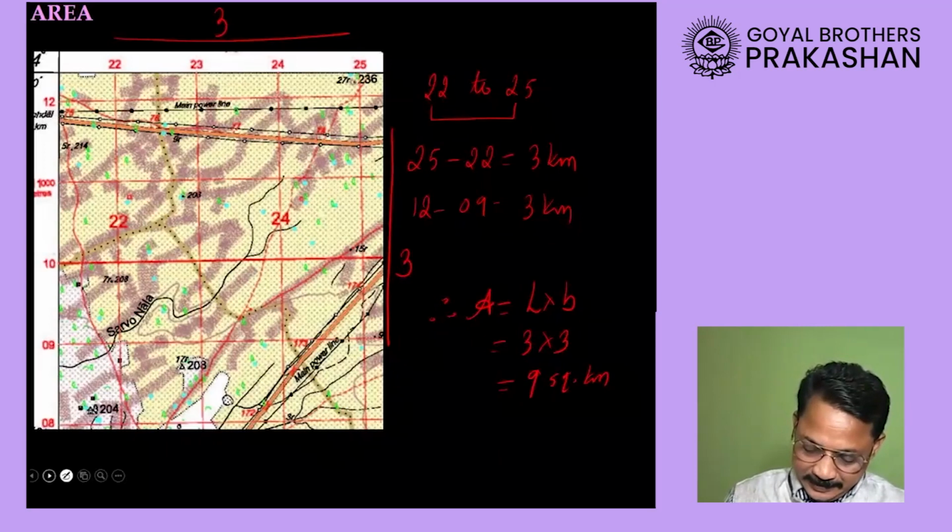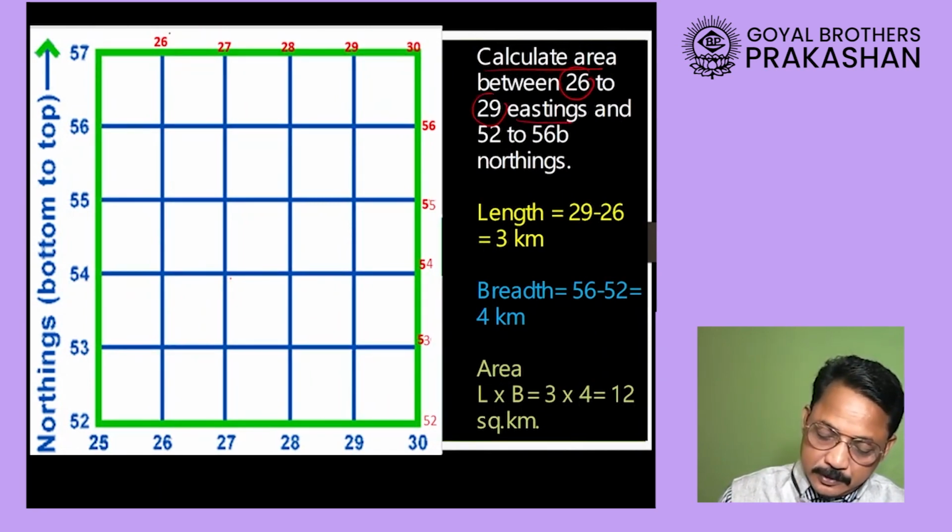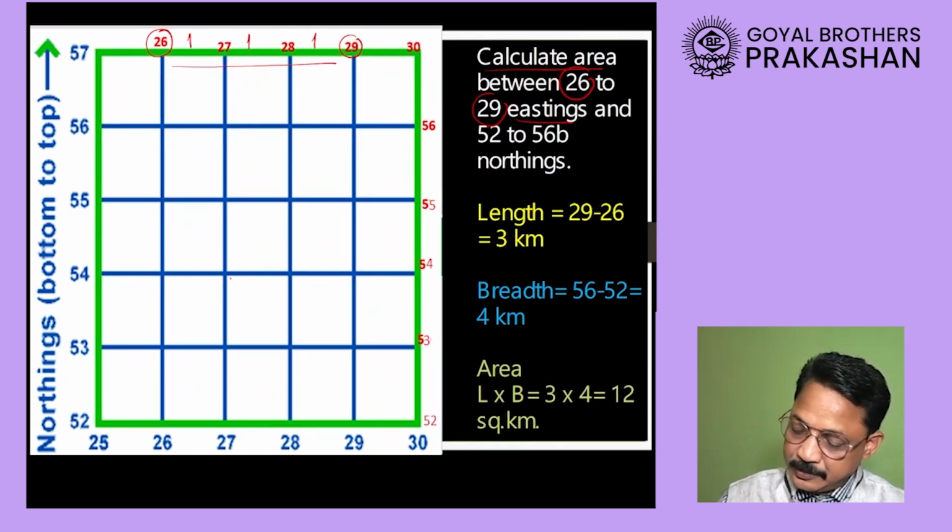Okay, let us take another example. Calculate area between 26 to 29 eastings. So 26 easting is here, 29 eastings is here. This is 1 kilometer, 1 kilometer, 1 kilometer. So this total distance is 3 kilometer.